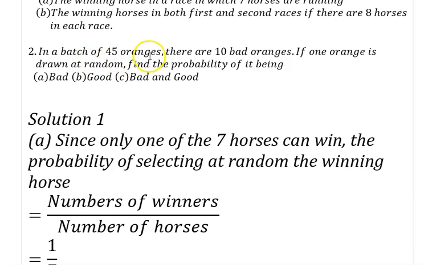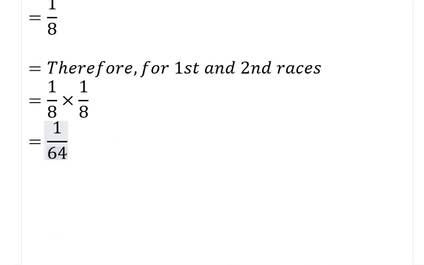In a batch of 45 oranges, there are 10 bad oranges. If one orange is thrown at random, find the probability of it being bad, and good. So let's say solution number 2. Solution 2.